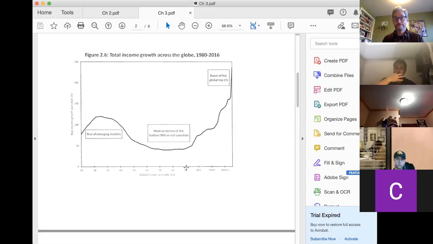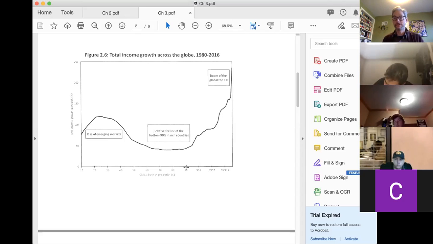And so this graph right here, in many ways, tells you a lot about our dysfunctional politics, right? And it tells you a ton about why globalization is so controversial. Because the last 40 years, which is really the era of globalization, has been great for many people. It has been great for the global poor.